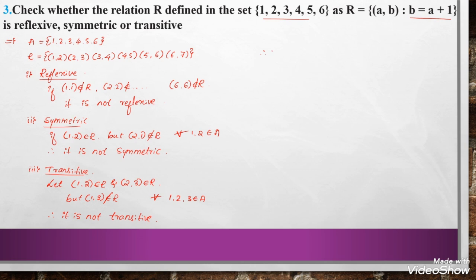Therefore, what we have written: the relation is neither reflexive nor symmetric nor transitive.